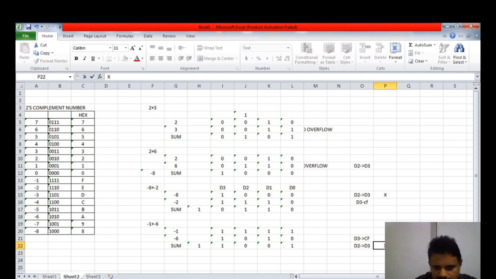Okay, D2 to D3 is here. So both D2 to D3 and D3 to carry flag occurred in this case.